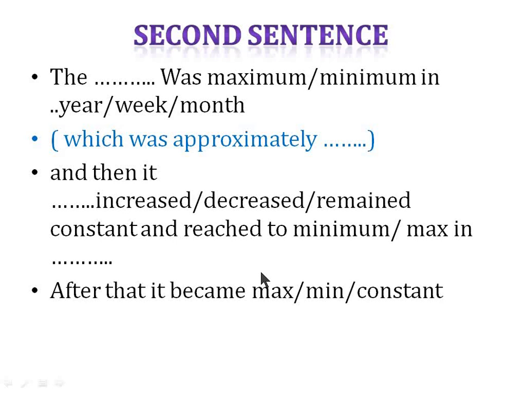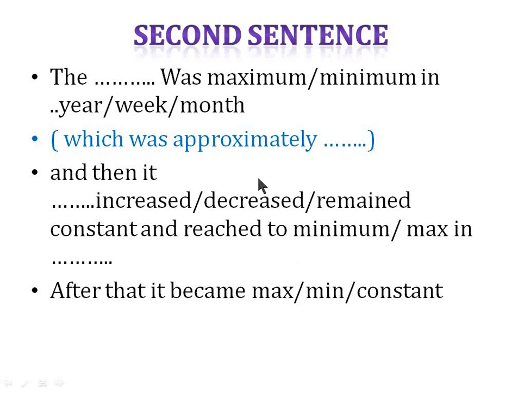The consumption was maximum in 1990, and this is totally optional, which was approximately 70%, and then it increased, decreased or remained constant, or it increased significantly and reached a minimum in 2012. After that it again became maximum or constant, anything you can say. So this is how you can explain your second and third sentence.